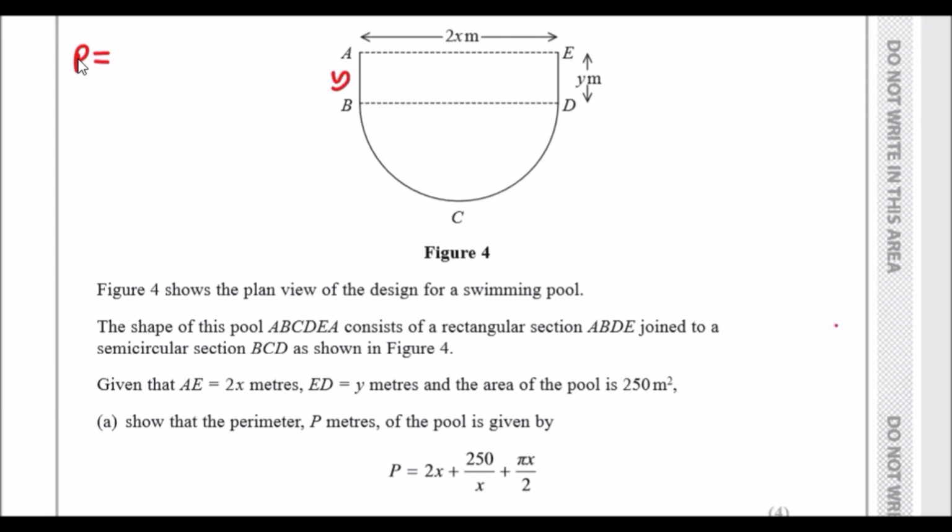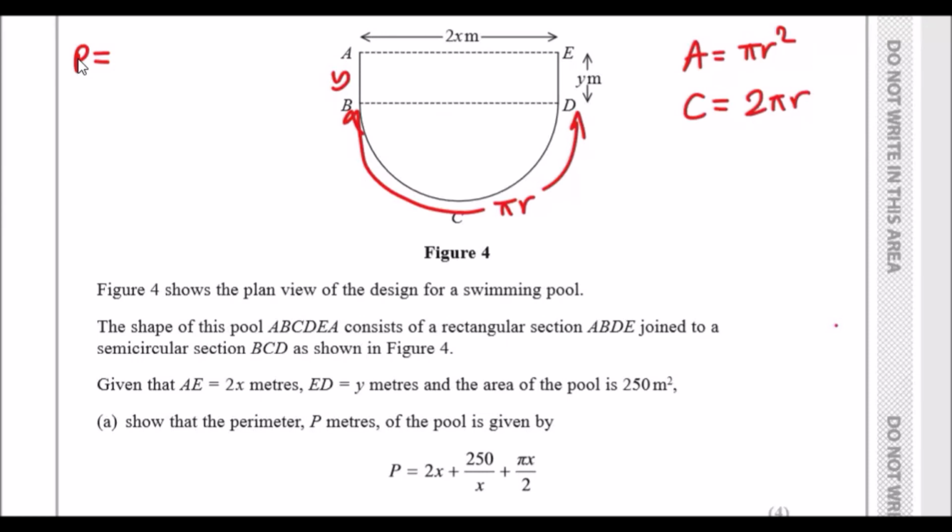Now, because this is a semicircle, so half a circle, we need to know that the area of a circle is always pi r squared, and that the circumference of a circle is 2 pi r. Because we have half a circle, the half part would be half of 2 pi r, which is just pi r, and that just covers from here to here. Now, we're working in x's.